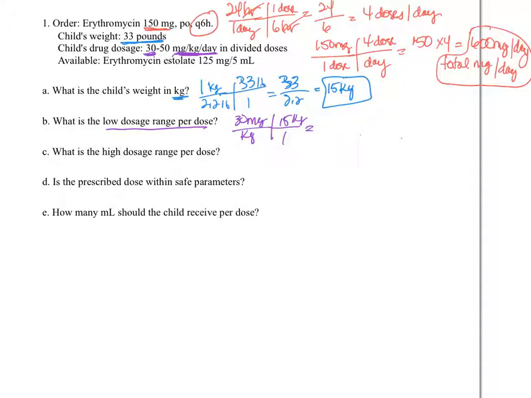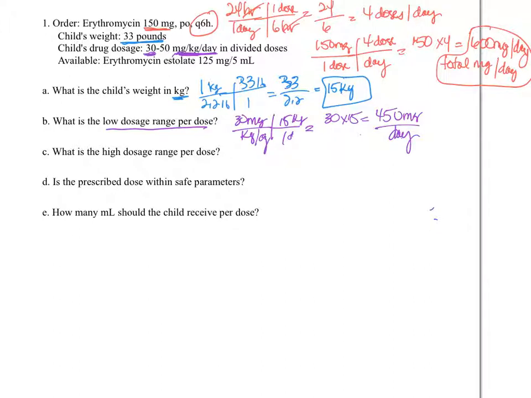First we're going to figure out milligrams per day because that's what we're given. So 30 times 15 equals 450 milligrams per day.